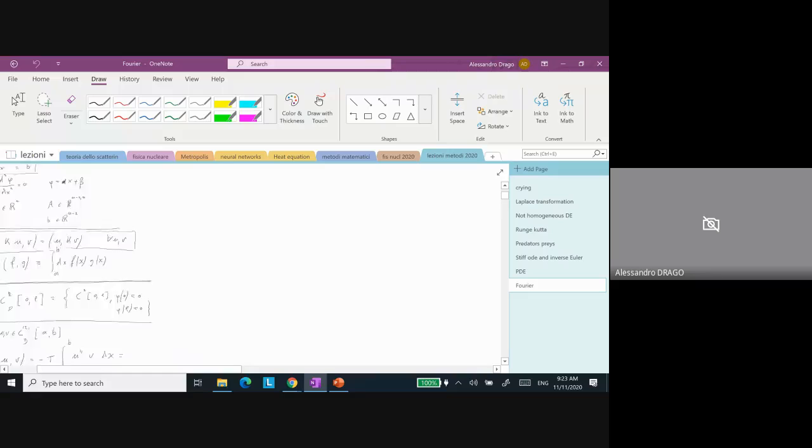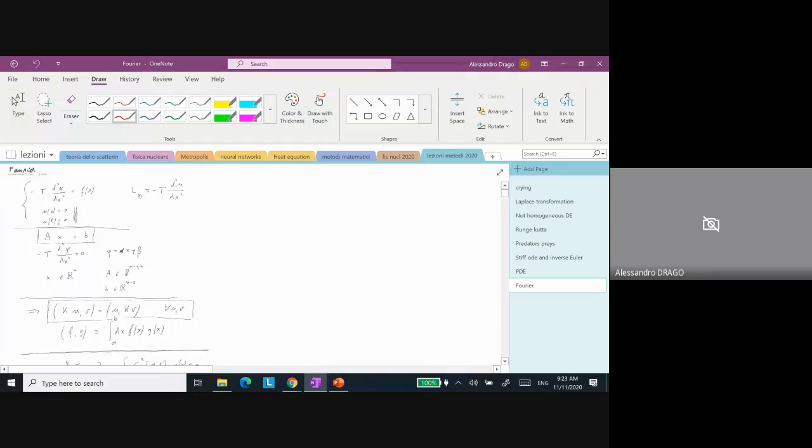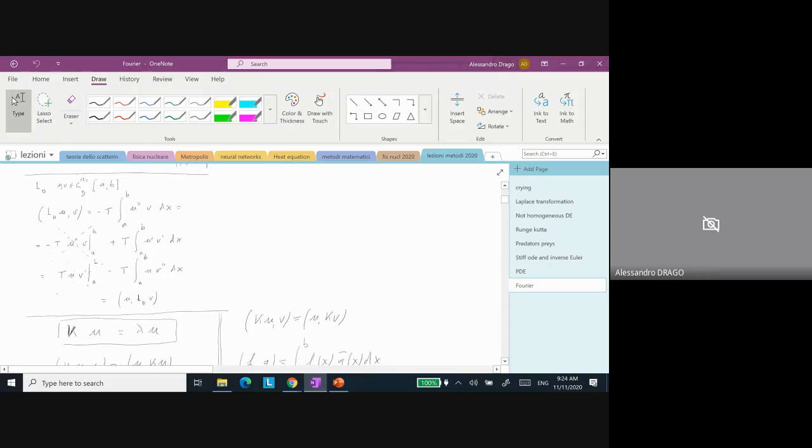Okay, this is a simple example of the type of equations we are discussing for the moment. So this is the so-called strong version of the boundary value problem, in which we have a differential operator, we have an homogeneous object, our function f, and boundary conditions.